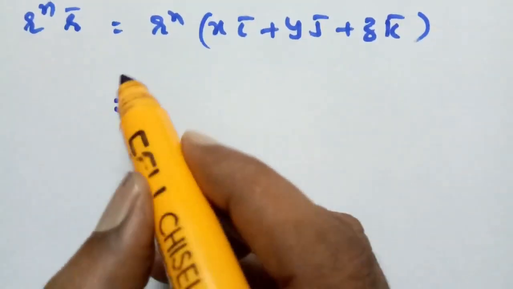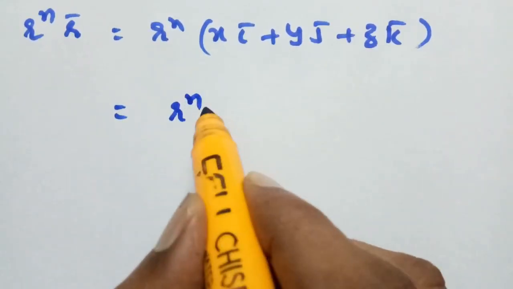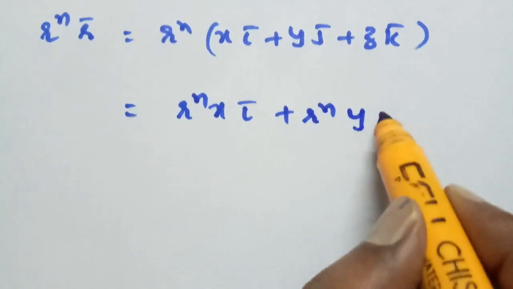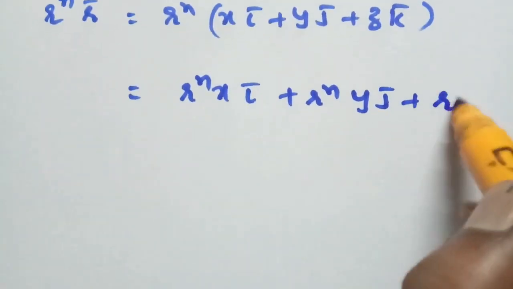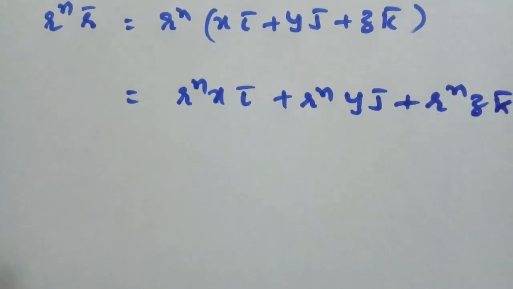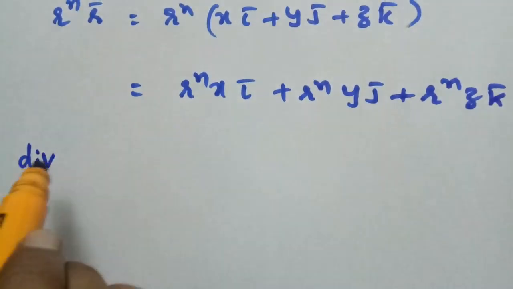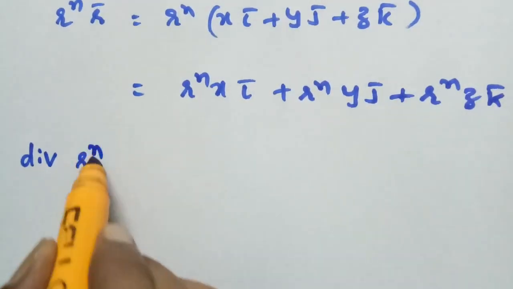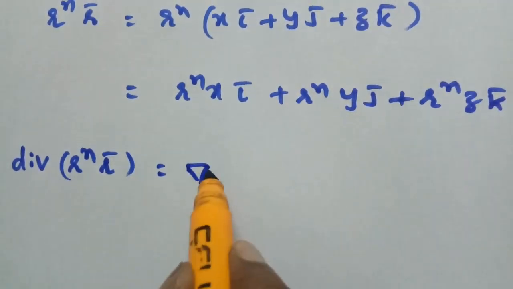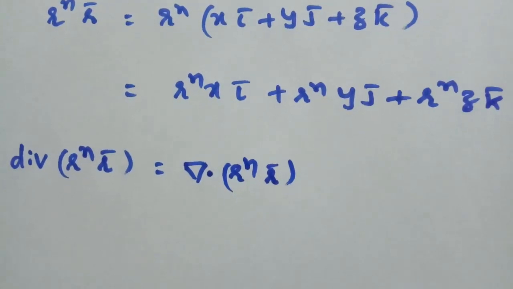Therefore this can be written as r power n into x i bar plus r power n into y j bar plus r power n into z k bar. Therefore, divergence of r power n into r bar is equal to del dot r power n into r bar.